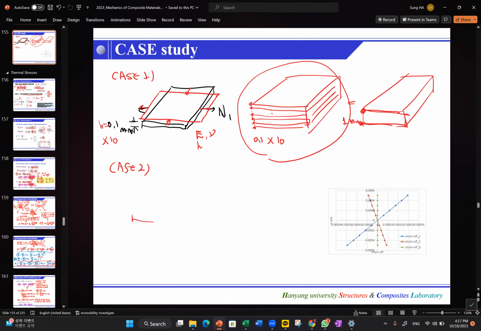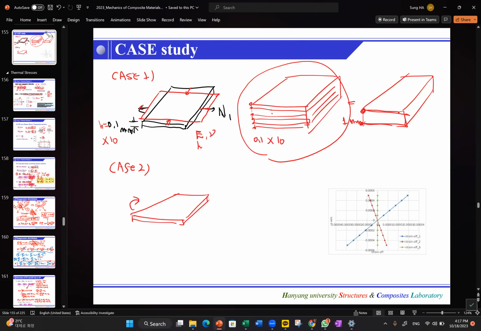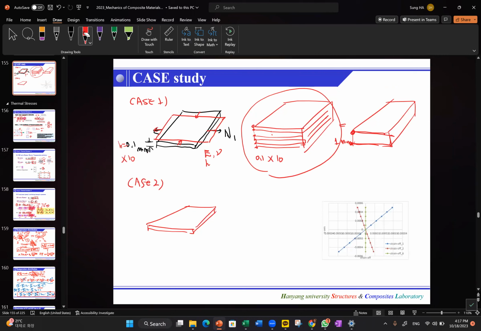In case 2, we have a plate like this, and then we apply the bending moment like this. Actually, to be consistent, we have a downward or upward bending. So this is going to be curved like this. We can easily see that.